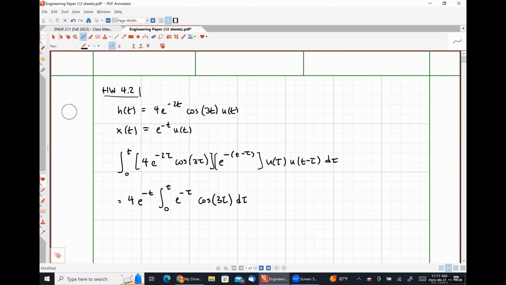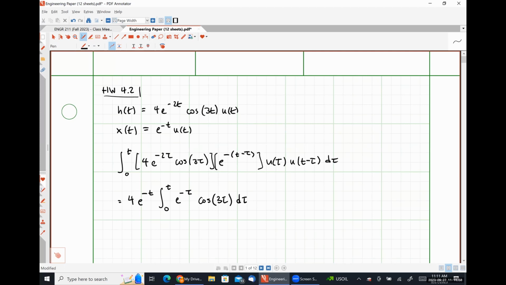So we are integrating with respect to tau from 0 to t, which means we are looking at instances where tau is between 0 and t. And we have the instance where tau is equal to 0, bounding on one side, and the instance where tau is equal to t, bounded on the other side, right?